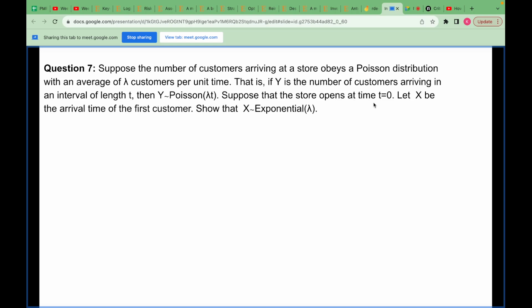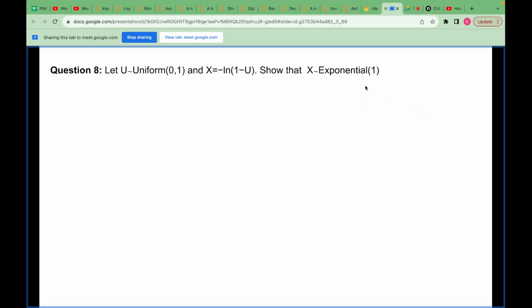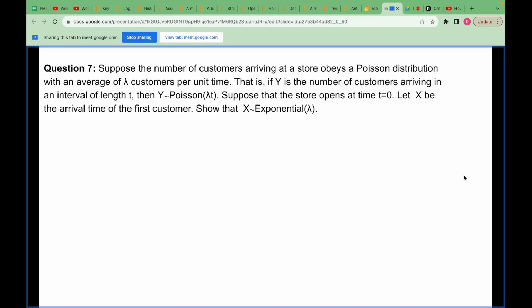Suppose that the store opens at time t equals 0. Let x be the arrival time of the first customer. Show that x is exponentially distributed with parameter lambda.